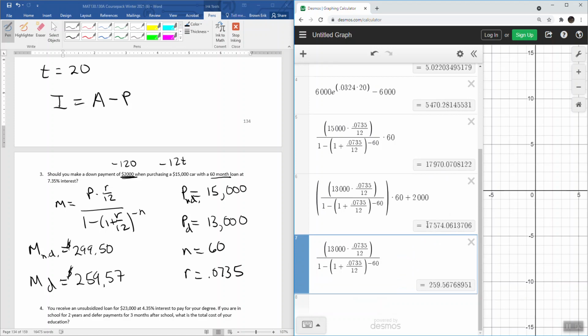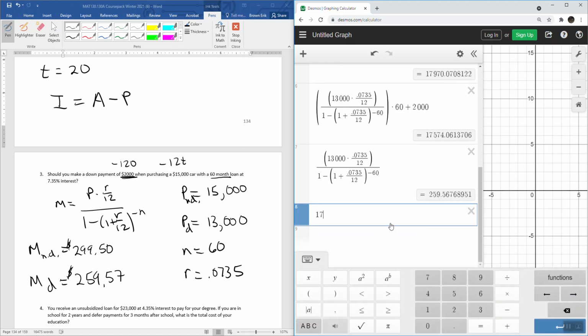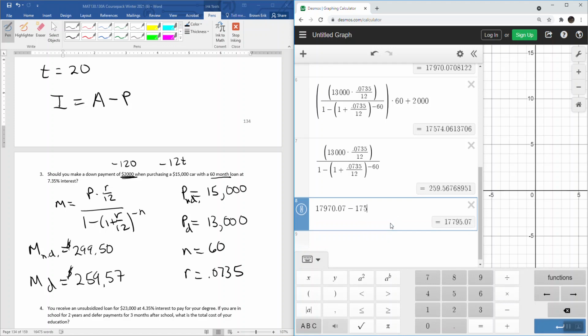So in my opinion, here, let me type this down. 17,970.07 minus 17,574.06. Wow, we only saved $395.98.